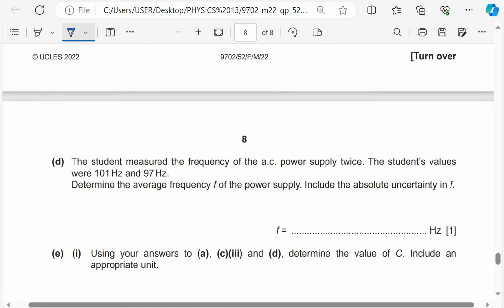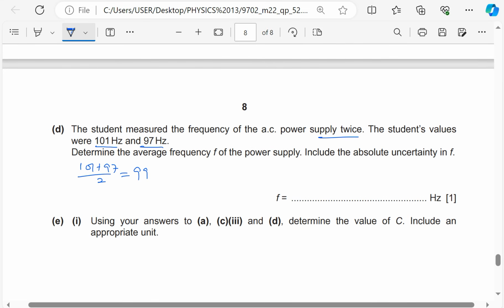Determine the average frequency of the power supply. The student measured the frequency of the AC power supply twice. So we have 101 hertz and 97 hertz. We want the average, which would be 101 plus 97 divided by 2, which is 99.